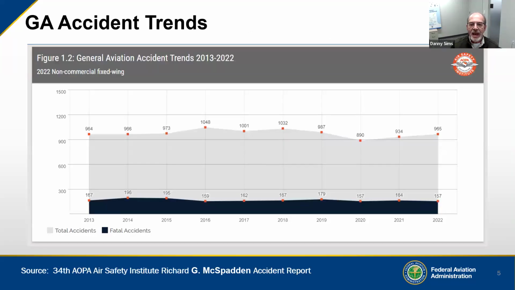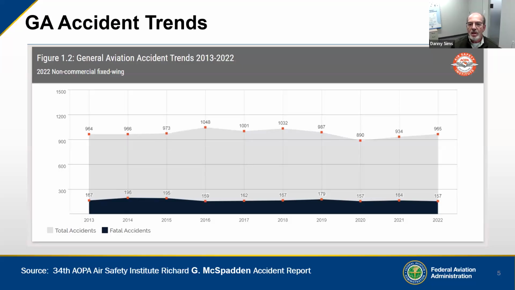So in addition to the gaps that we know that are there in the understanding by pilots, let's look at some recent accident information. This is from the latest AOPA Air Safety Institute report. Used to be called the Nall report, is now the McSpadden report.